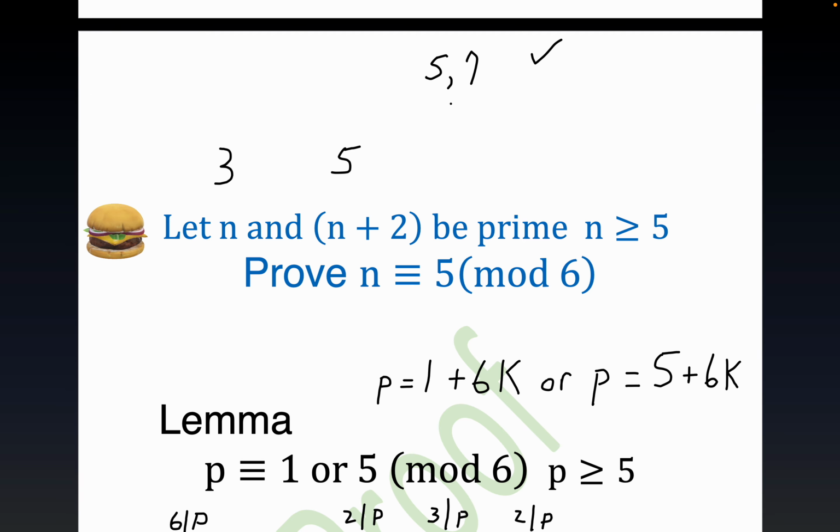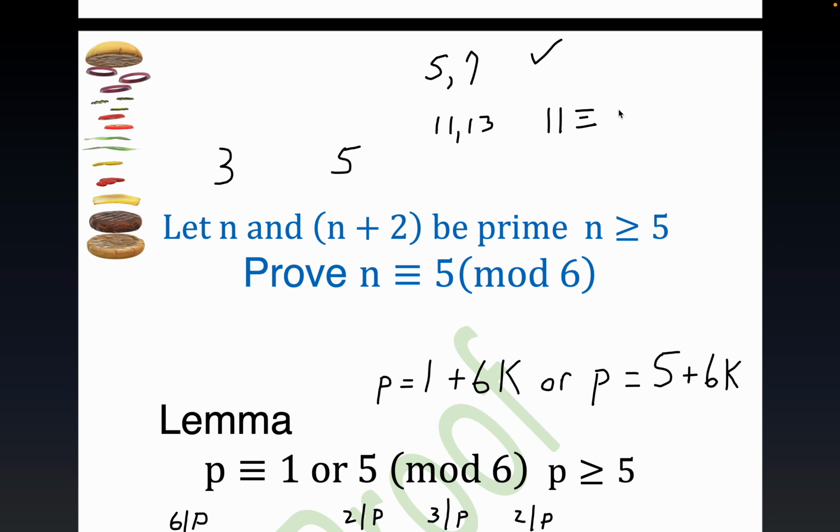Now let's look at the next one. What's the next one? 11 and 13. We can see that 11 is congruent to 5. It's the first one.